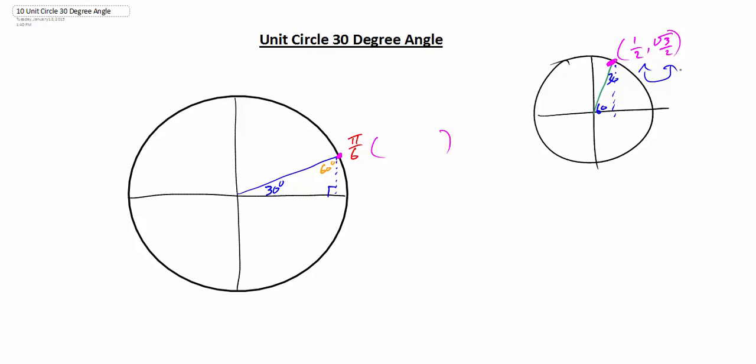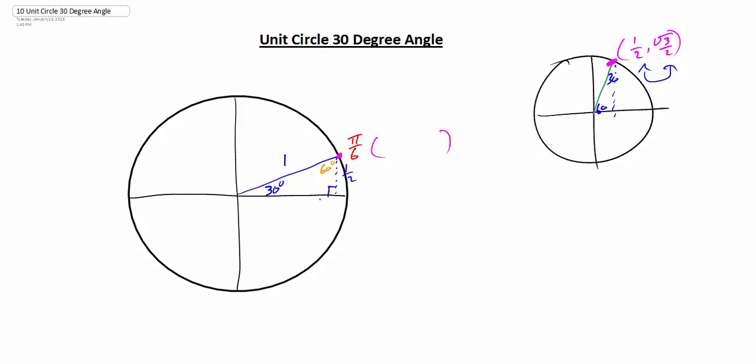So I'm not necessarily going to go through all the details like we did before, but essentially, because the unit circle has a radius of 1, that's opposite of the right angle, so the side opposite of the 30 must be half of that. So this must be 1/2.